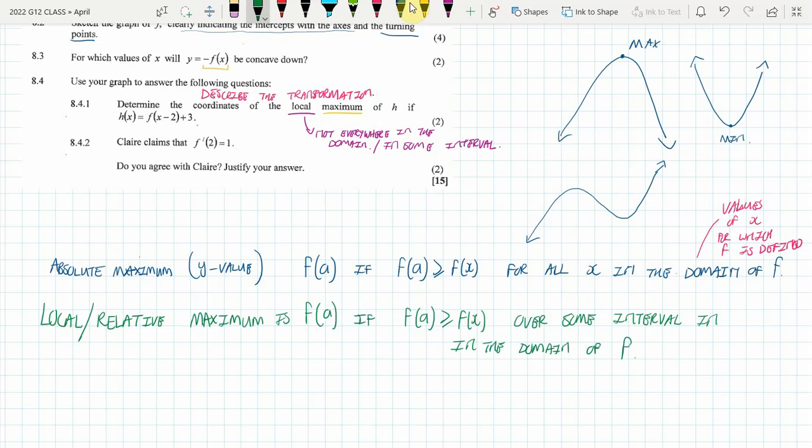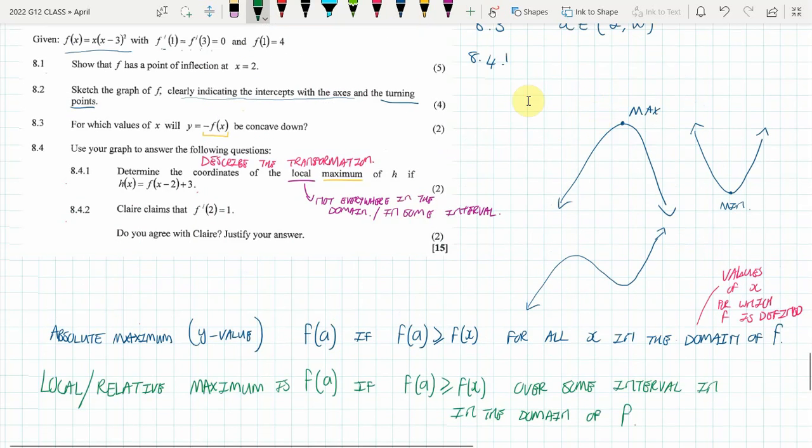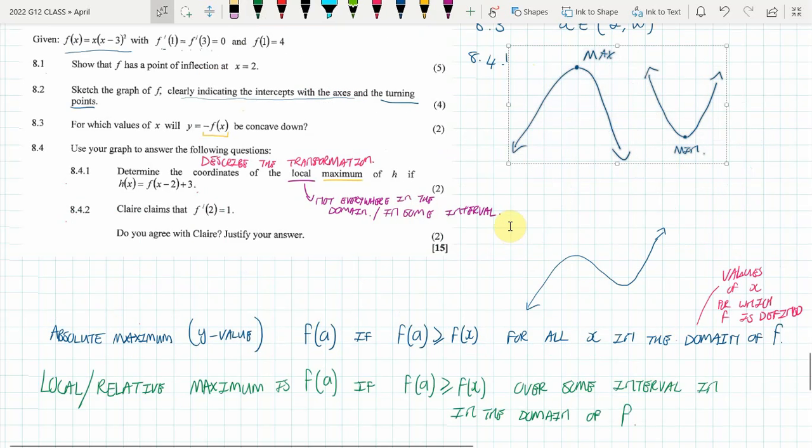So, for example, let's look at this rough sketch of the cubic function.